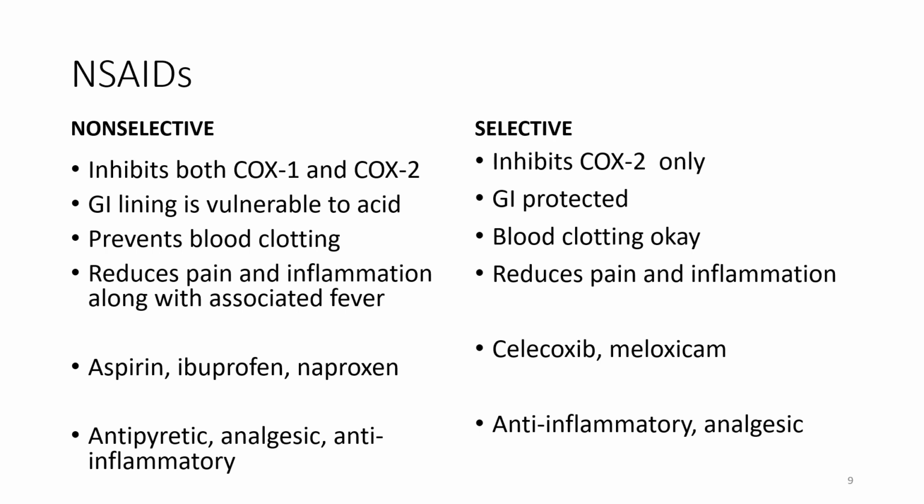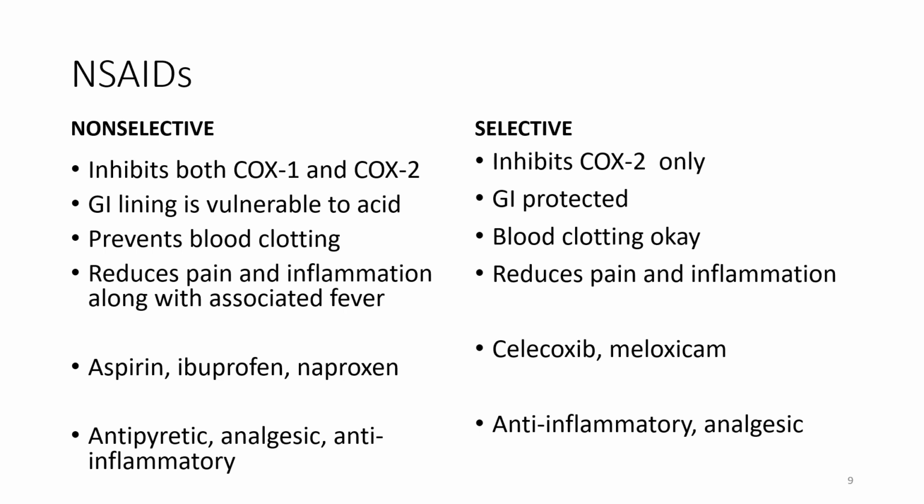You still get the same anti-inflammatory response and pain relief out of both, but with the non-selective, you have those additional side effects of reduced GI lining and increased risk of bleeding.